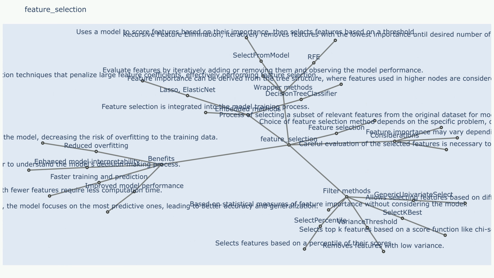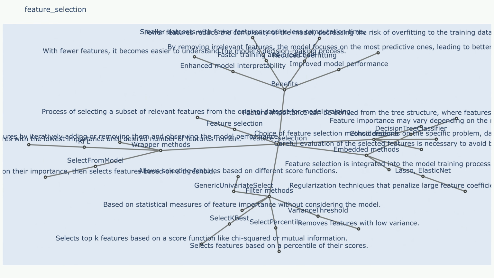5. Best practices. Understand your data: analyze the distribution of features, their relationships with the target, and the presence of outliers. Choose appropriate techniques: select methods that align with your data type, model type, and desired outcome.